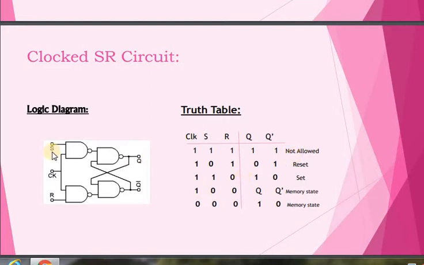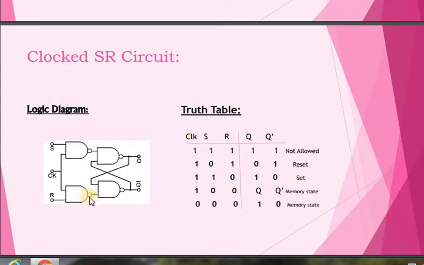Next, when the clock input is high, that is the clock is 1, S input is 0 and R input is 1. If any one input is 0, the output will be 1. Here both the inputs are 1, so the output will be 0.